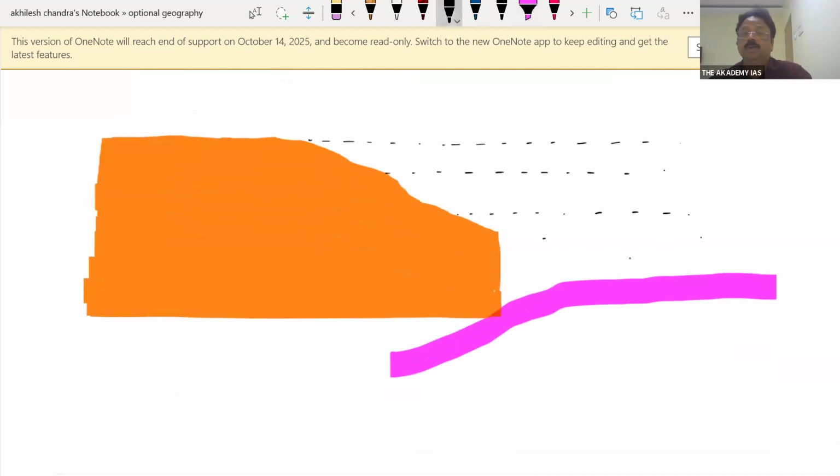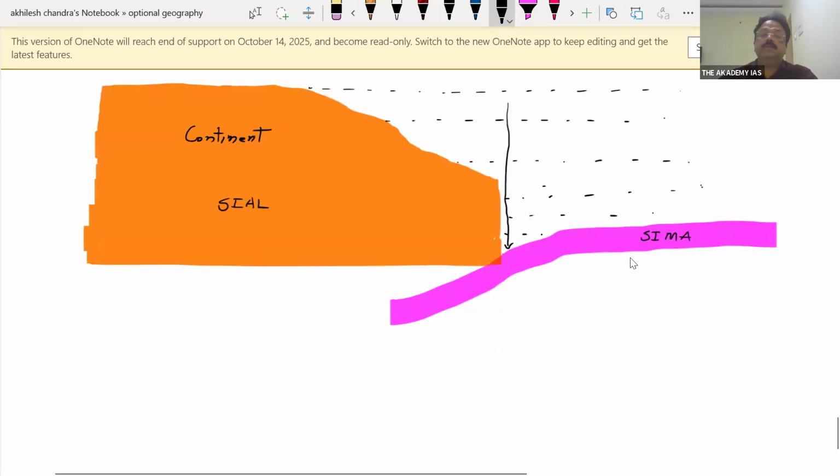Because the ocean floor is made up of silica and magnesium, while the continent is made up of silica and aluminium. So this is the continent, and here is the ocean floor, the deep sea plain, and this point is called the trench. We see the trench near the subduction zone.